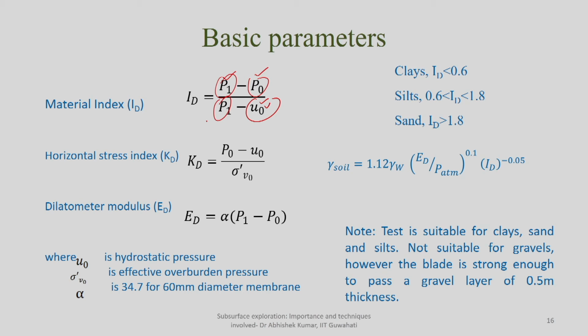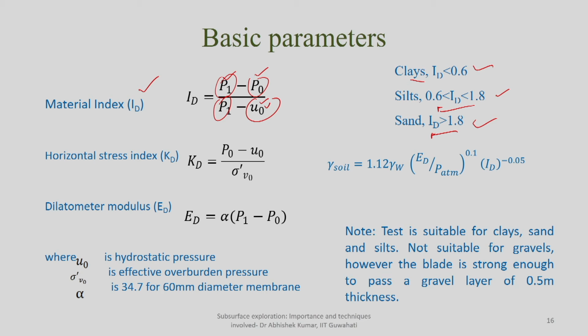Once you know these parameters, like P0, P1, U0, you can determine the material index. Depending upon the material index, there are different ranges given for the ID value. ID less than 0.6 indicates clays, ID 0.6 to 1.8 indicates silt, then ID greater than 1.8 indicates sand.